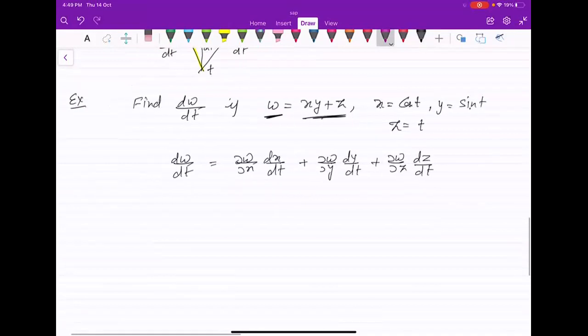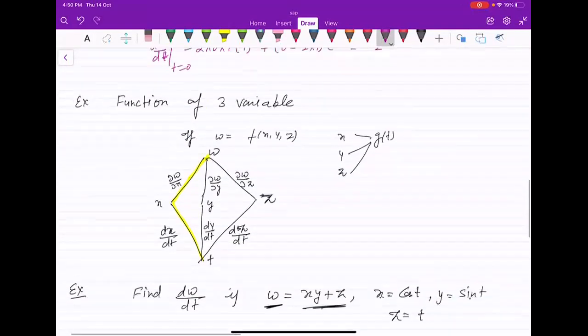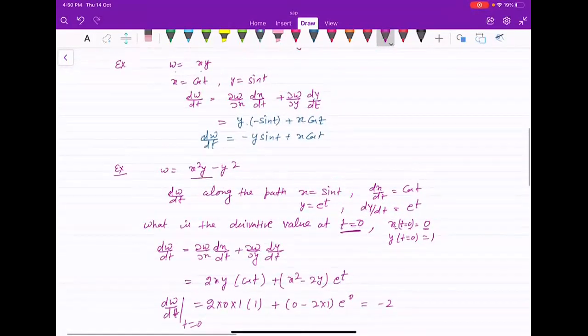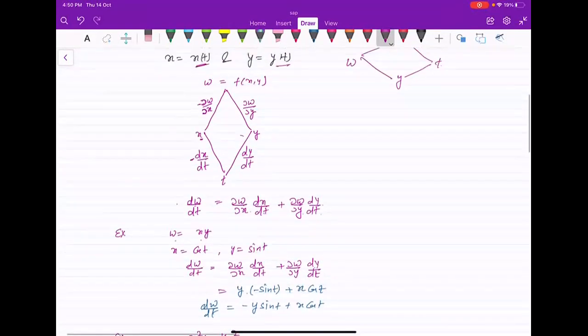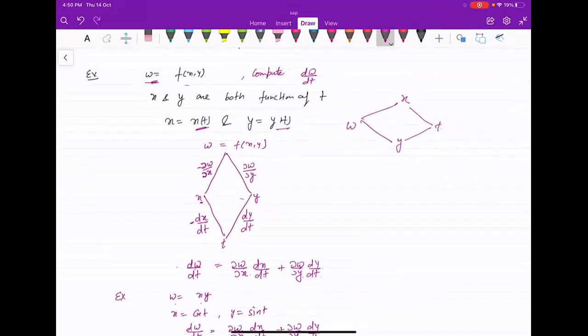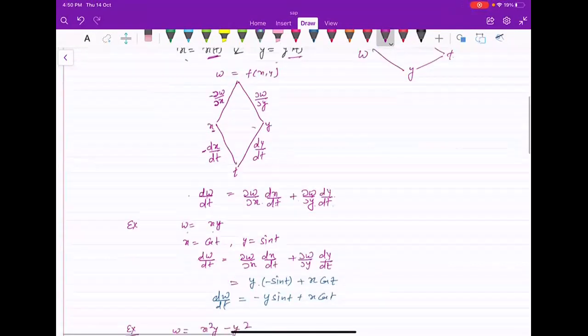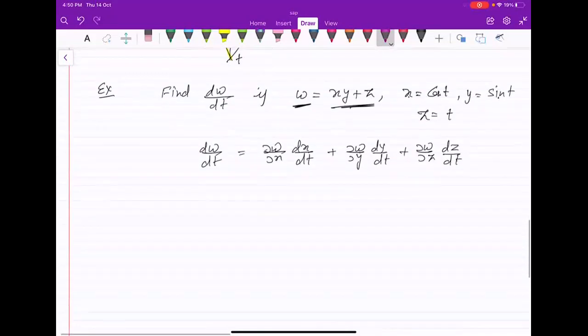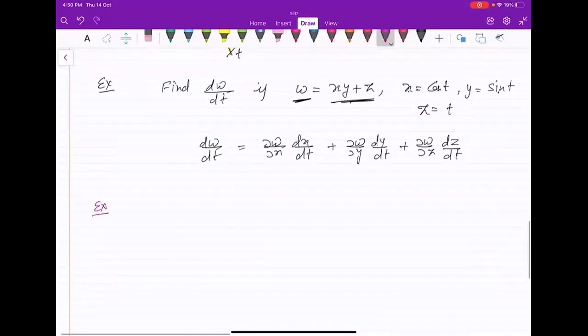One more. Now in this case, w is the function of x and y, and x and y are associated with the function of t. As we discussed here, w is the function of two variables and x and y depend on t only. This t is an independent variable. Now we are talking about when x and y are the functions of two independent variables.